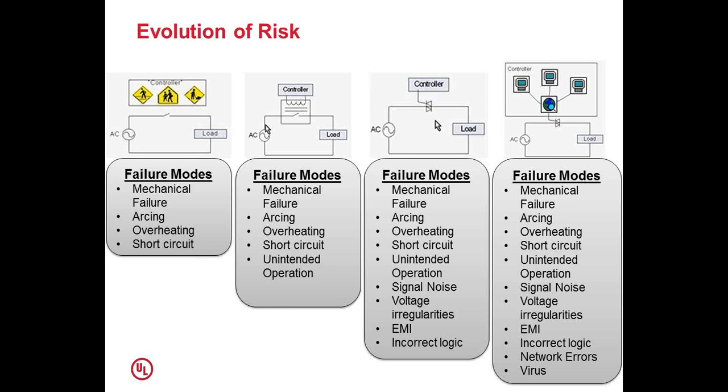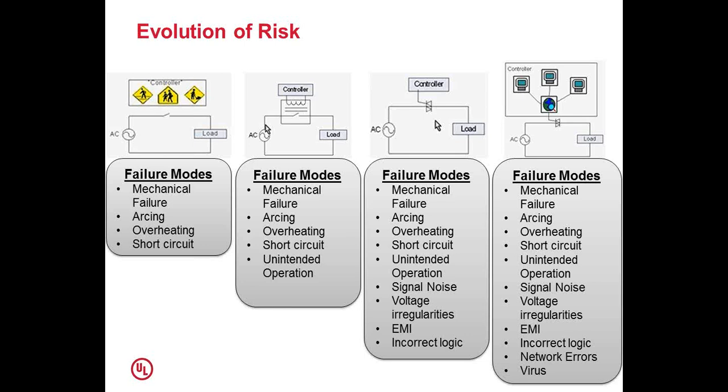In order to mitigate the risk, as technology advances through evolution, we find the industrial control relay coming in. The relay has a switch that is magnetically activated, and it is driven by a controller which is outside of this particular block diagram.